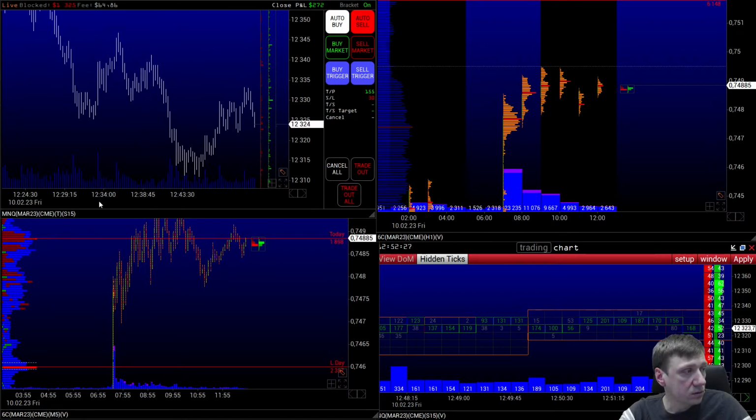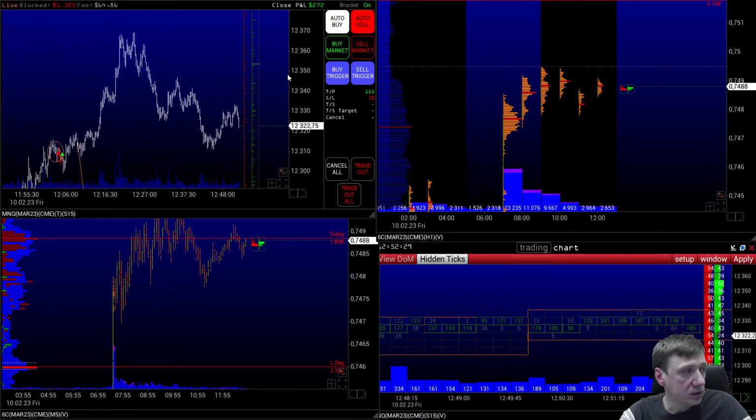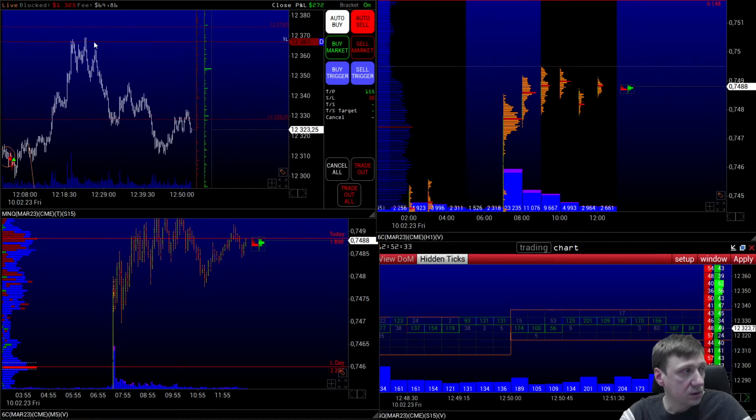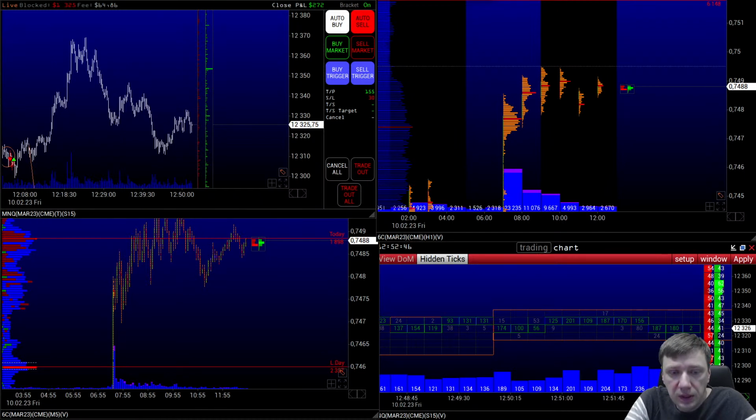And we can also expect price goes higher on the Nasdaq. I'm still interested in that short trade at 12,360. I don't have these big levels. I understand strong levels and weak levels.